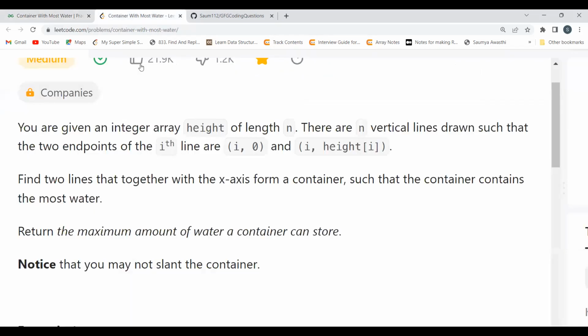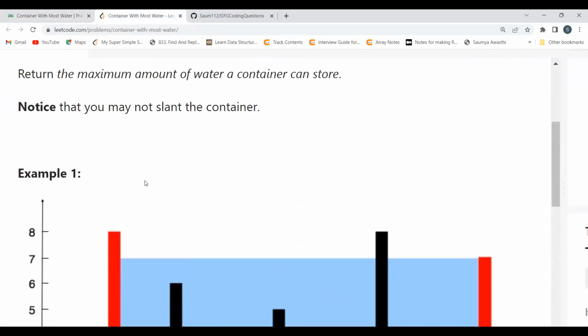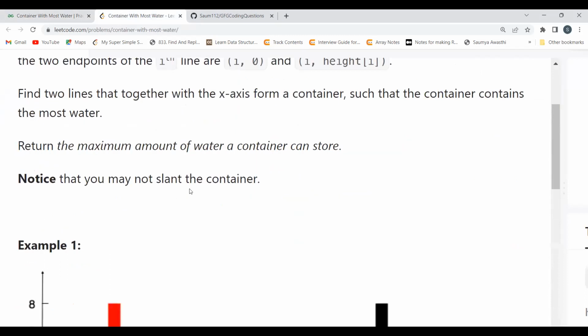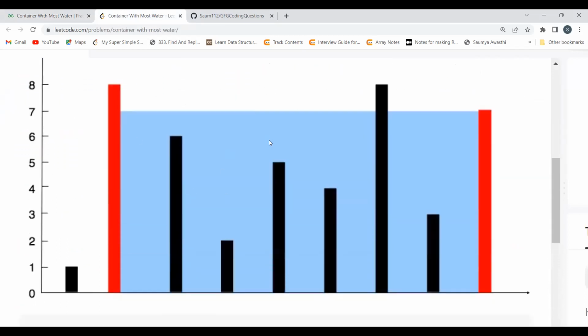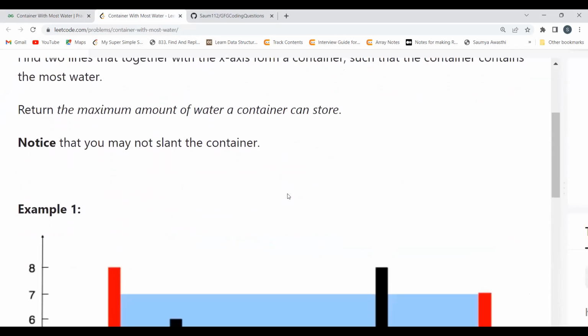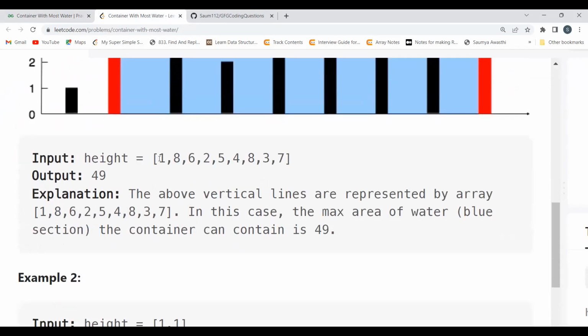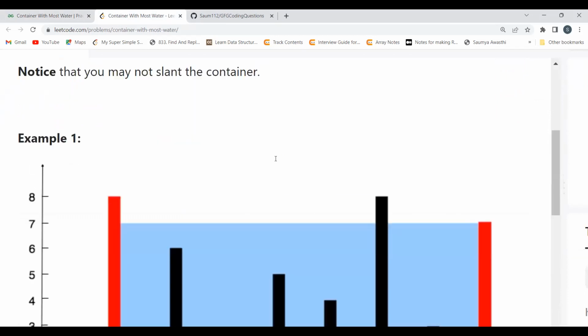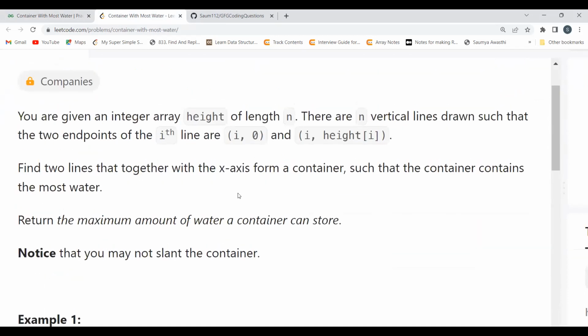So here is the image, so it would be easy for you to understand. Basically what do we have? We have an array which is denoting the height of certain vertical lines.